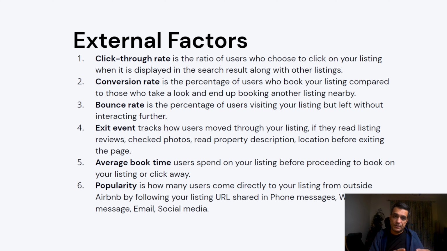They know exactly where the user clicked before landing here, whether on Facebook, Instagram, WhatsApp or a text message. And every time such an event happens, Airbnb loves it. First, you're bringing traffic from outside onto Airbnb. You're bringing customers to your listing from somewhere, not just brought in by Airbnb but from other sources as well, which is great. No one else is doing that.